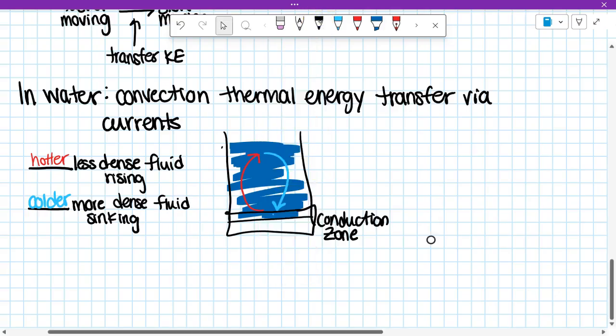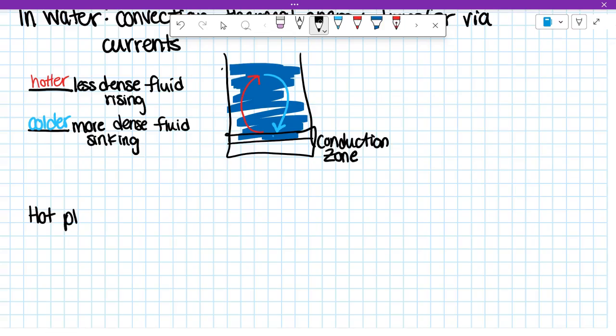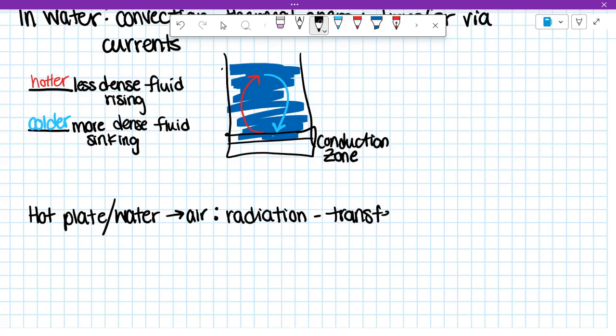So that's convection. And then last but not least, we have the hot plate or the water to the air. That happens via radiation. Okay. And this is a transfer of energy.